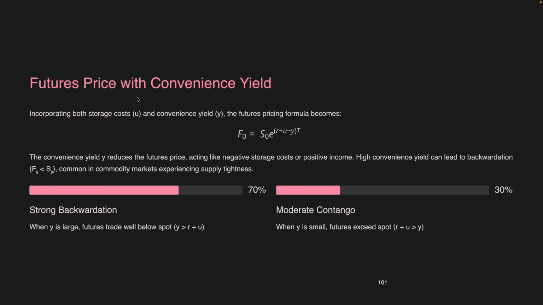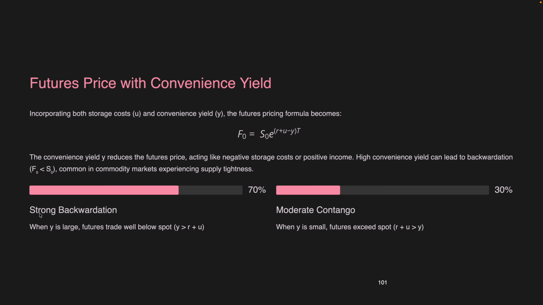So if you consider the future price with convenience yield, you have to subtract the convenience yield from the storage cost. If y is the convenience yield, then the future price is S0 into e to the power of (r plus u minus y) into capital T.